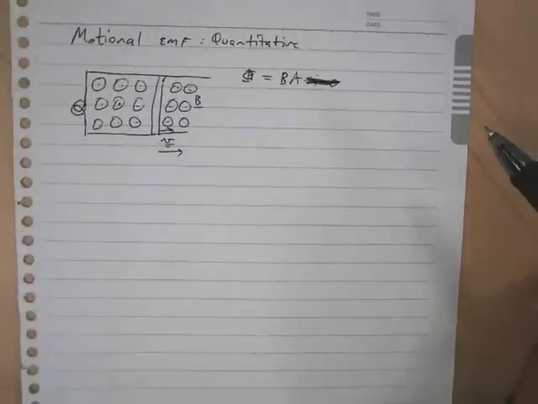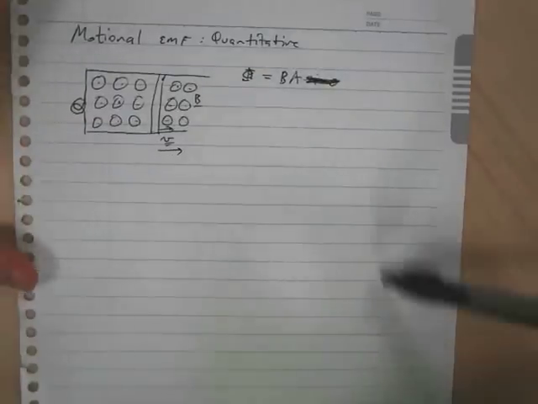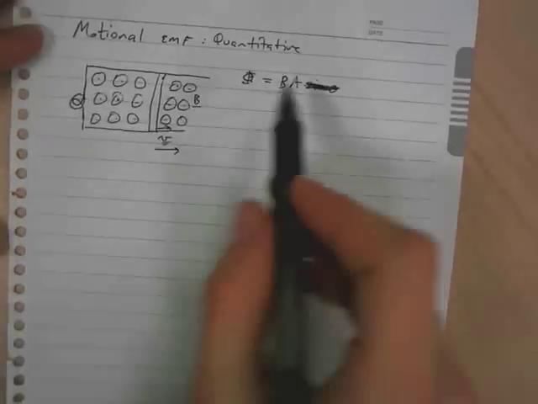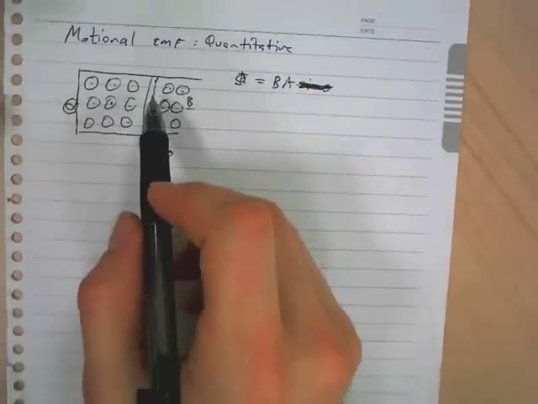I guess it would be cosine theta because I think that angle is from the normal to the surface. Regardless, the flux we can still say is the B field times the area in this case because it's just perpendicular to that area.